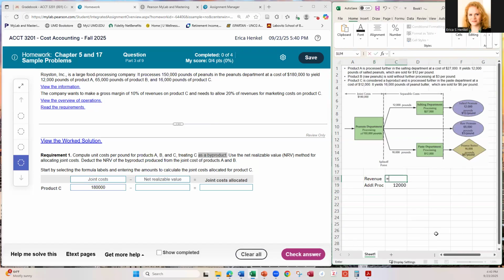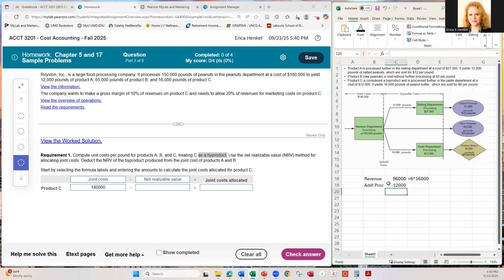So let's go ahead and calculate that. $6 times 16,000 pounds. I'm going to put the costs as a negative here because then I can just sum these.